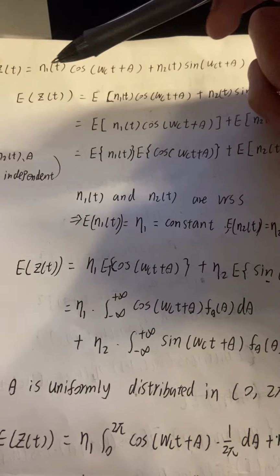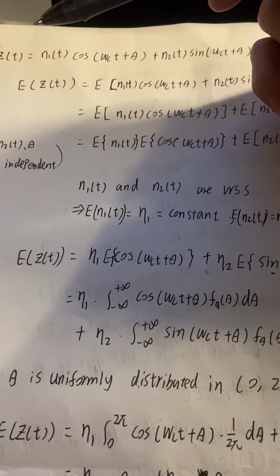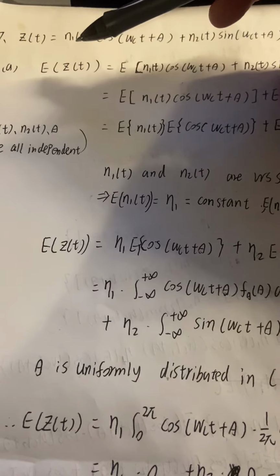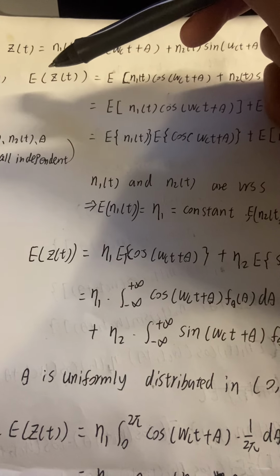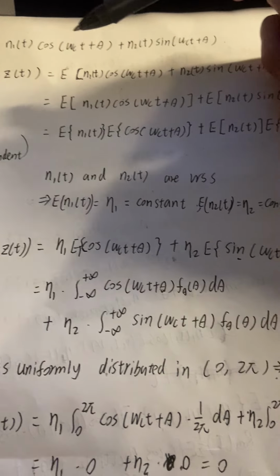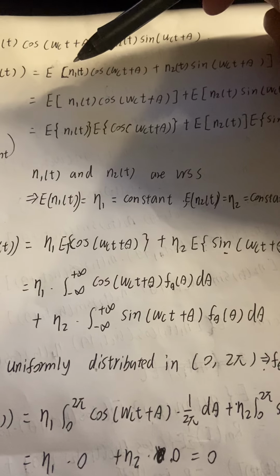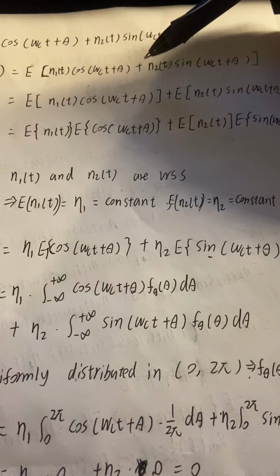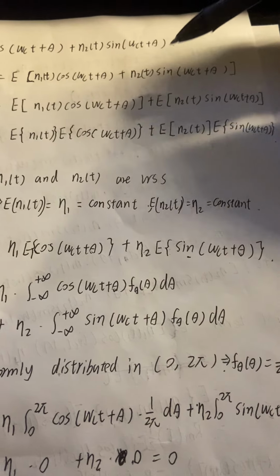For part A, we need to find the expected value of Z(t). So the expected value E[Z(t)] is equal to E[N1(t) cosine plus N2(t) sine].